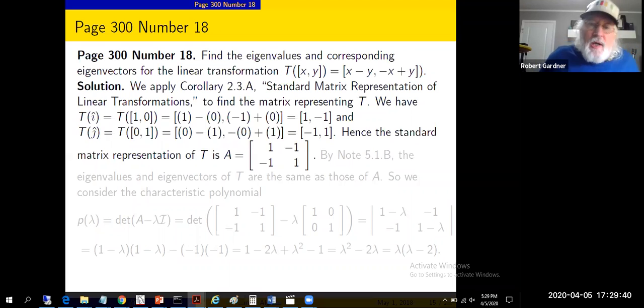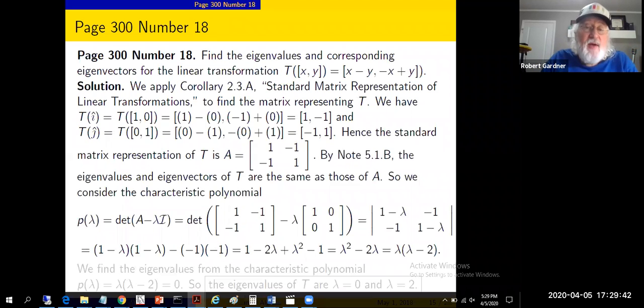Okay, you want eigenvalues and eigenvectors of the transformation? Well, that's the same as the eigenvalues and eigenvectors of the standard matrix representation. So we need to find the characteristic polynomial and its roots for the matrix A minus lambda I. Here's matrix A, subtract lambda I, that'll produce 1 minus lambdas along the diagonal.